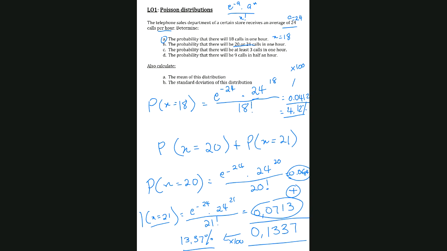So the question for B asked, what is the probability that there will be 20 or 21 calls in 1 hour? So you would then state that there is a 13.37% probability or 13.37% chance that there will be 20 or 21 calls in 1 hour.